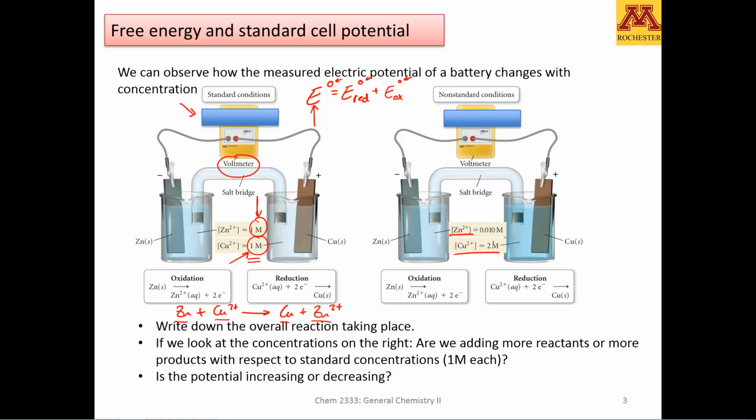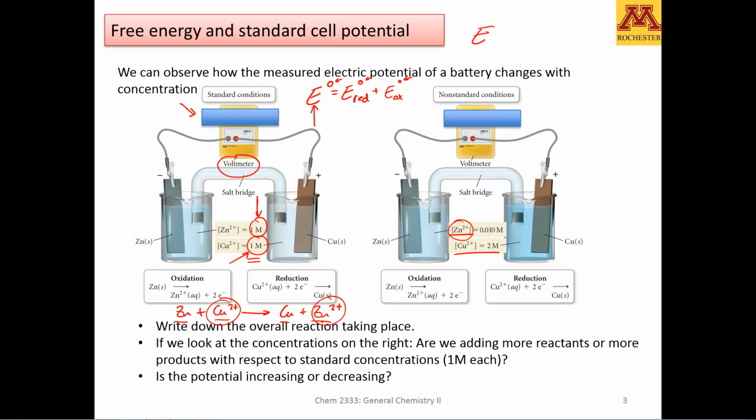Well, in this case you are increasing the concentration of copper 2 plus, which is a reactant, and decreasing the concentration of zinc 2 plus, which is a product. In other words, you're increasing the concentration of reactants, decreasing the concentration of products. You should think about, well, the reaction is going to move more forward.